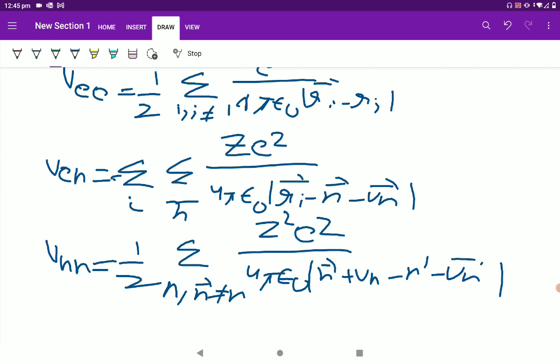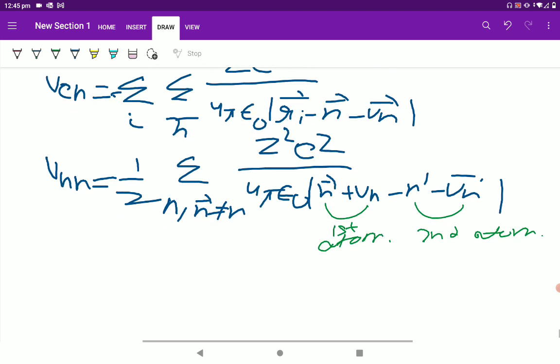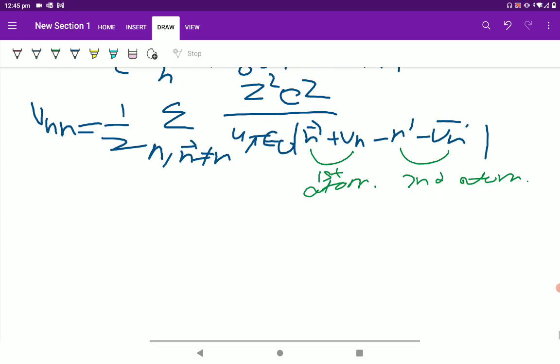This is the position of first atom and this is the position of second atom. So it's complicated and we want to find the total solution.